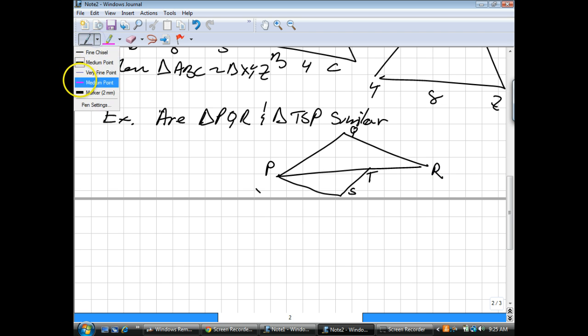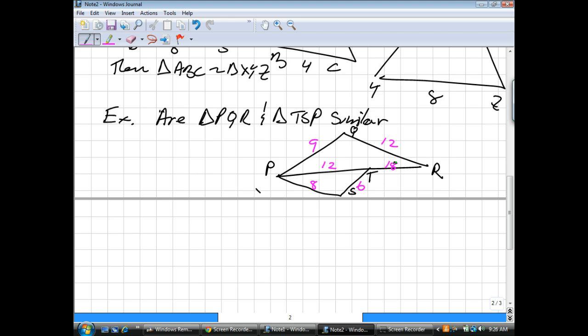And I know that SP is 8, TS is 6, and PT is 12, QR is 12, PQ is 9, and RP is 18.